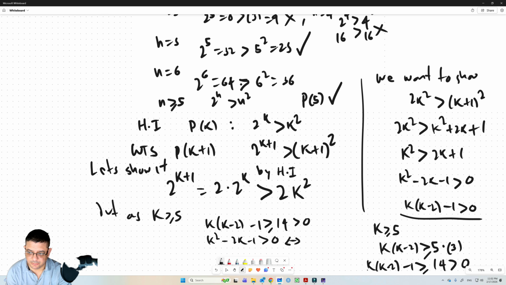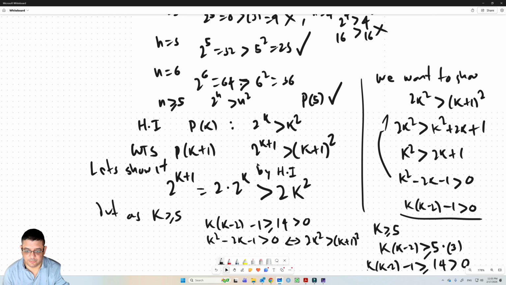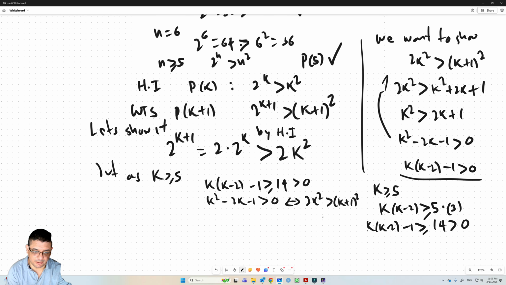And that is equivalent to saying, getting back in this direction, that 2k plus 1 is bigger than k plus 1 squared. Since I showed this, I did what I needed to do to show the k plus 1 step.